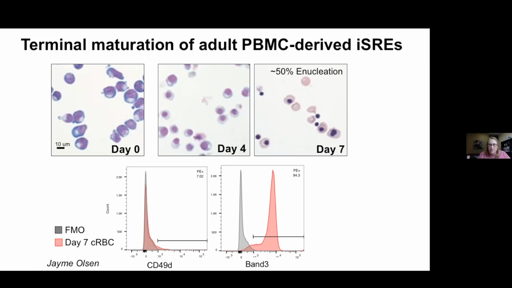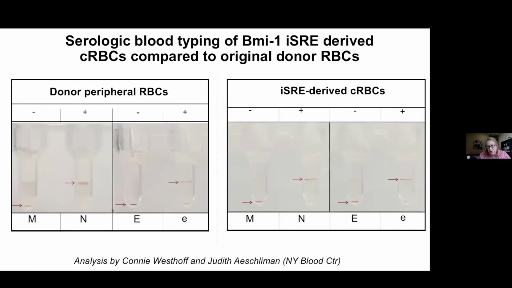Mature erythroblasts are designated as those that are CD49D low and band 3 high, which is what these cells became. Most importantly, when we sent these cells to Connie Westhoff and Julia Ashelman in New York Blood Center, along with donors' primary RBCs, we get the same results when we type with either primary RBCs or with ISREs derived from that same donor. So these worked as reagent red cells.